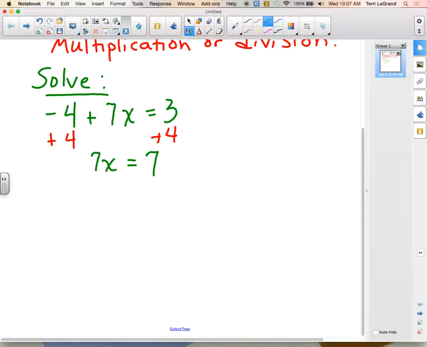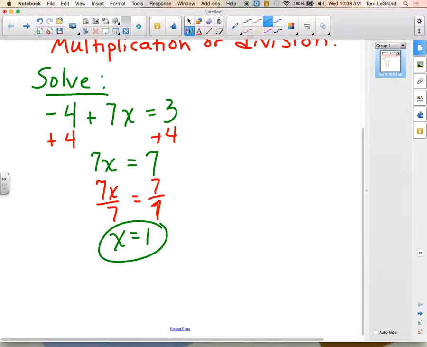And then, of course, what will we do next? Divide by 7. Okay? So we'll take that 7x, we'll divide it by 7, we'll take the 7, divide it by 7, and we find out that presto, the answer is x equals 1. Yeah, x equals 1.